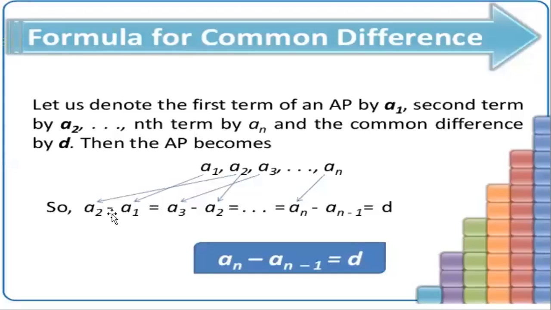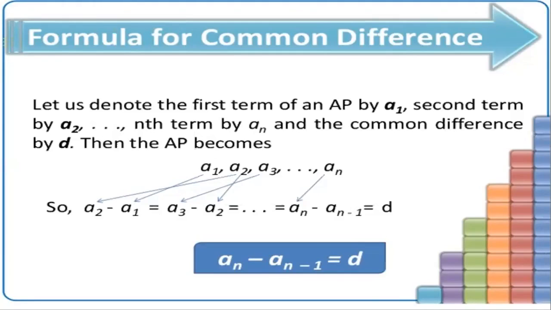So what will be the formula for common difference? We will always subtract the previous term from the next term, we get the same number. A2 minus A1, A3 minus A2, A4 minus A3, like this. An minus, what will its previous term be? An minus an minus 1 is equal to d.